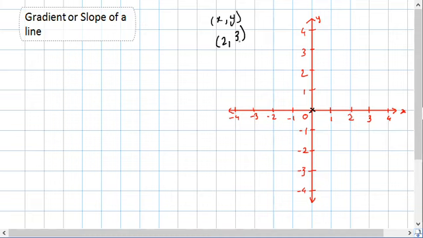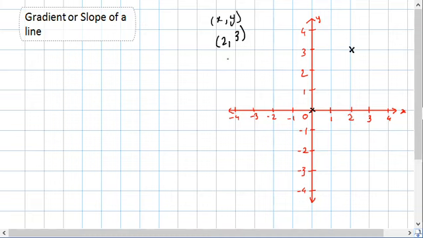So how do we locate this point (2, 3) on the Cartesian plane? You start from the origin. 2 is the x coordinate, so you go right and look for 2, and 3 is the y coordinate. So at the 2 line, the vertical line, where is 3 on the y-axis? It's right here. So this is our point (2, 3).